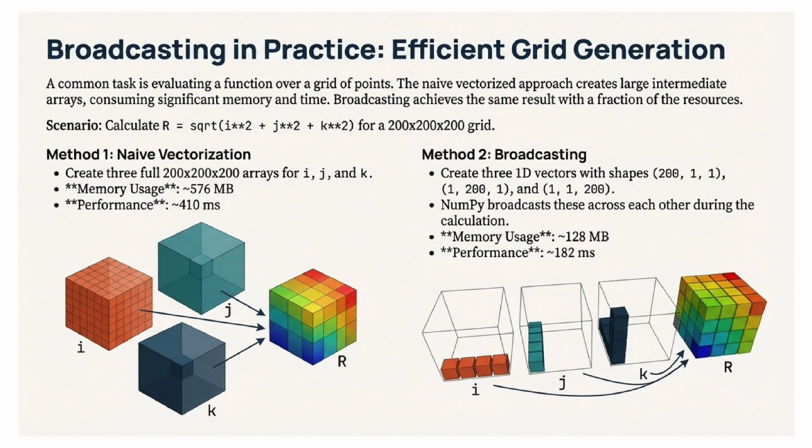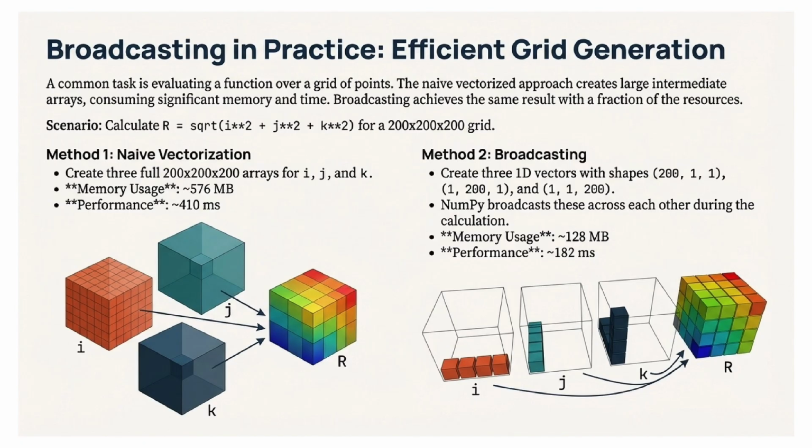NumPy broadcasting efficiently computes values over a 3-dimensional grid using less memory and time, instead of creating large 3-dimensional arrays. Smaller 1-dimensional arrays are automatically expanded during calculation. I, J and K are created as 1-dimensional arrays reshaped to (200, 1, 1), (1, 200, 1) and (1, 1, 200).